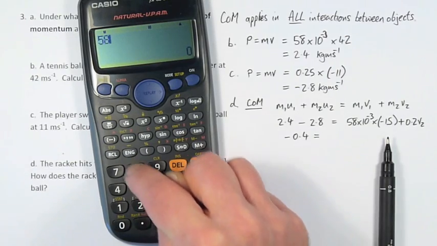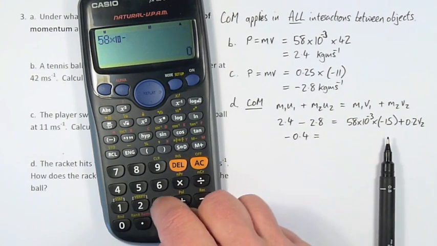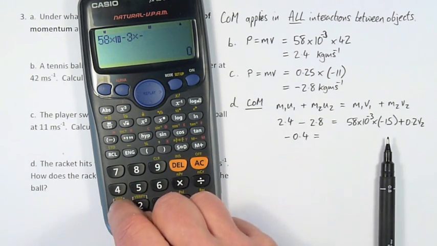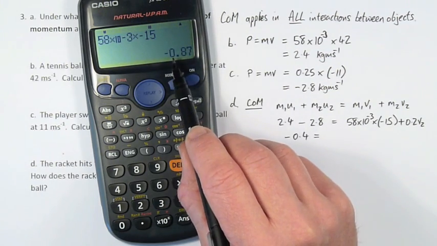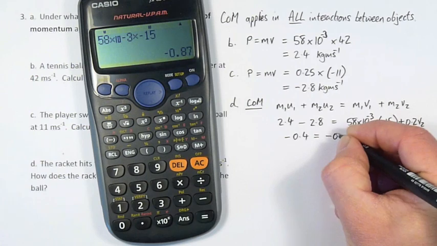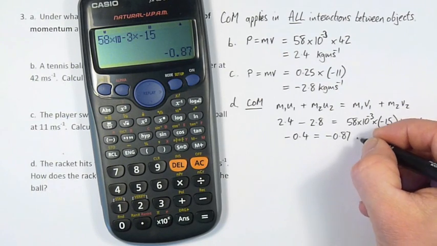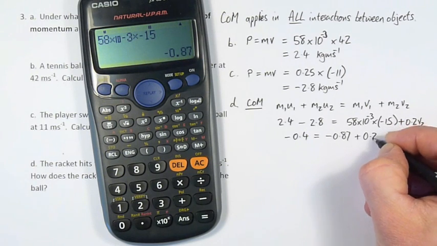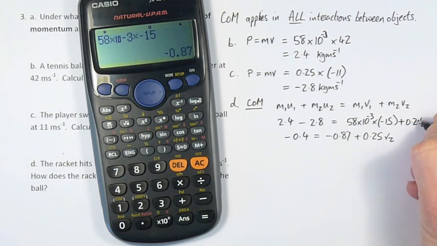So 58 times 10 to the power of minus 3 multiplied by minus 15, and the answer to that is minus 0.87. Plus 0.25 v2.